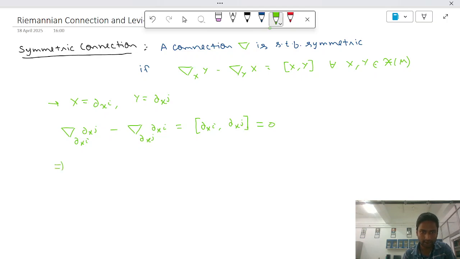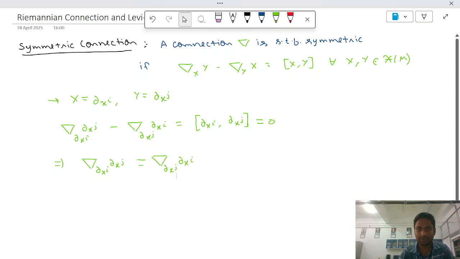So this gives you nabla_{del xi} del xj equals nabla_{del xj} del xi.